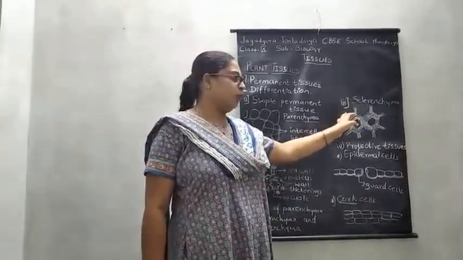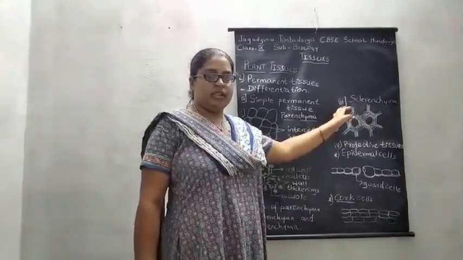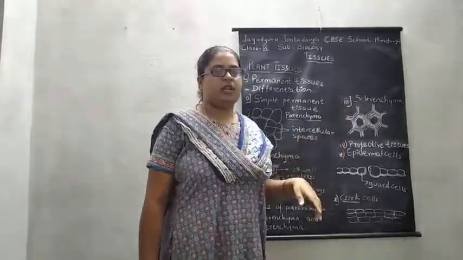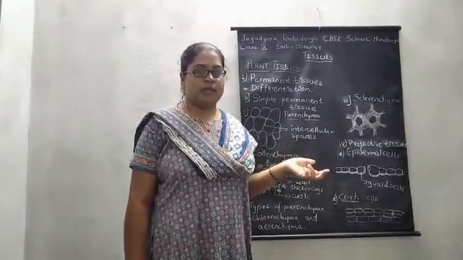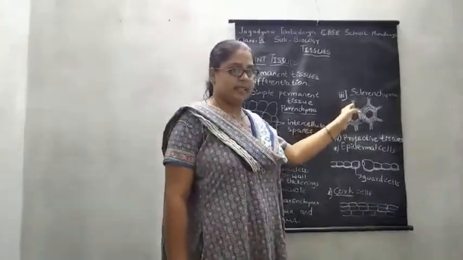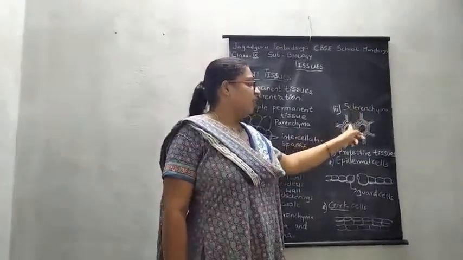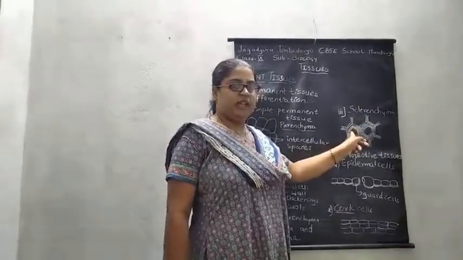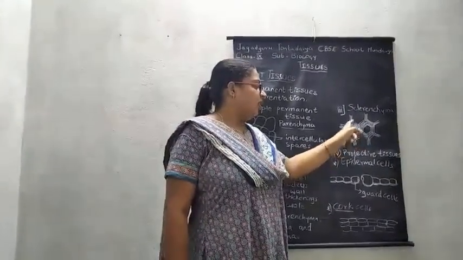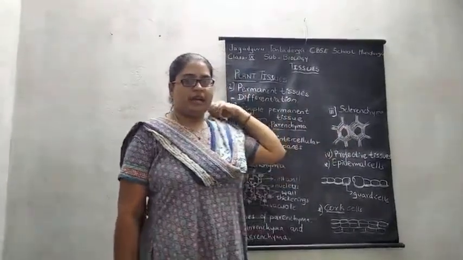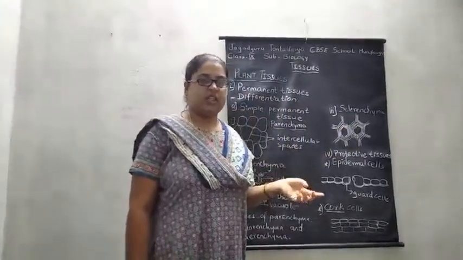Sclerenchyma tissue, as the name suggests, has cells with a large amount of chemical deposition in between the cells, and it has very thick cell walls, and the cells of this tissue are dead. They are not in a living condition.